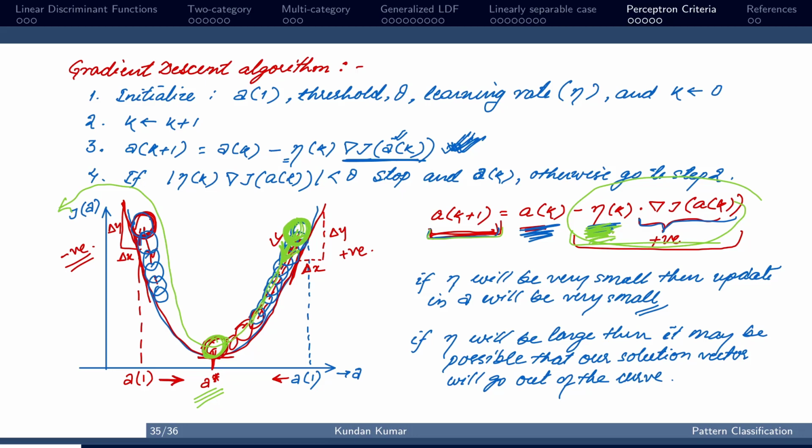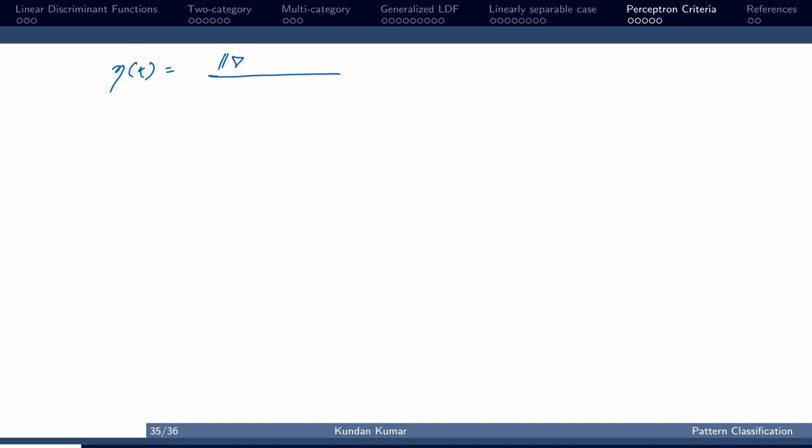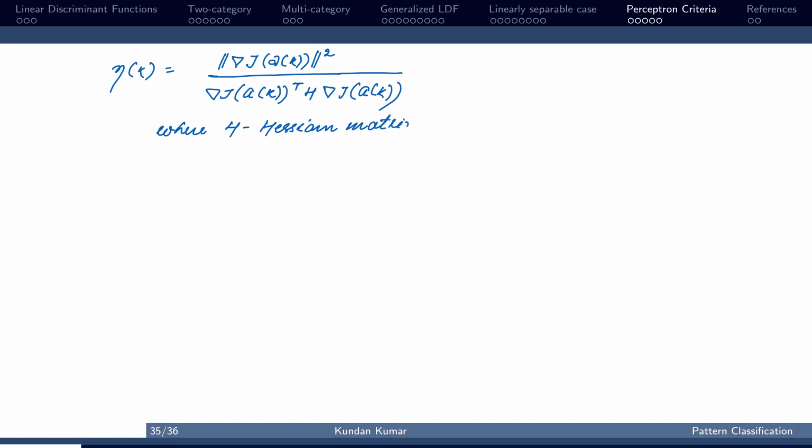However, we can define this learning rate in terms of the Hessian matrix and the criteria function, where H is the Hessian matrix at a k.